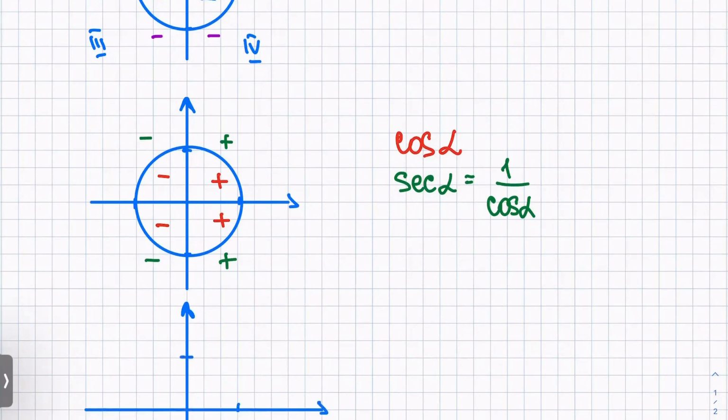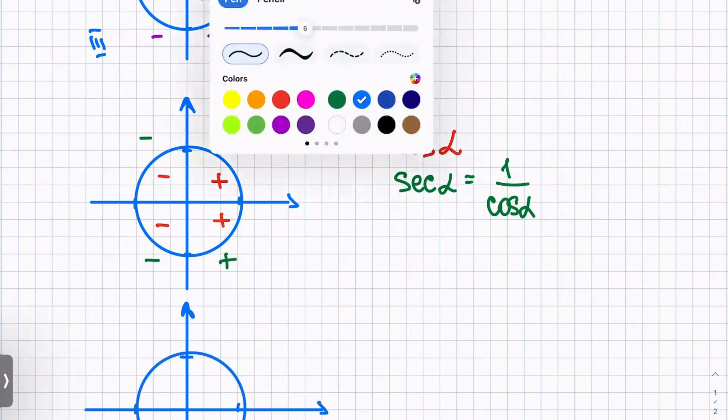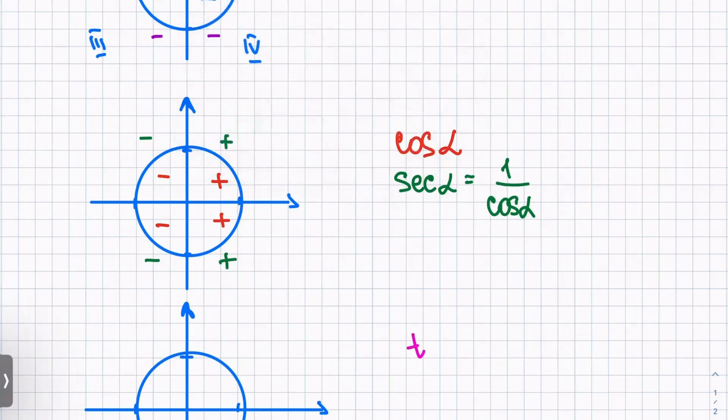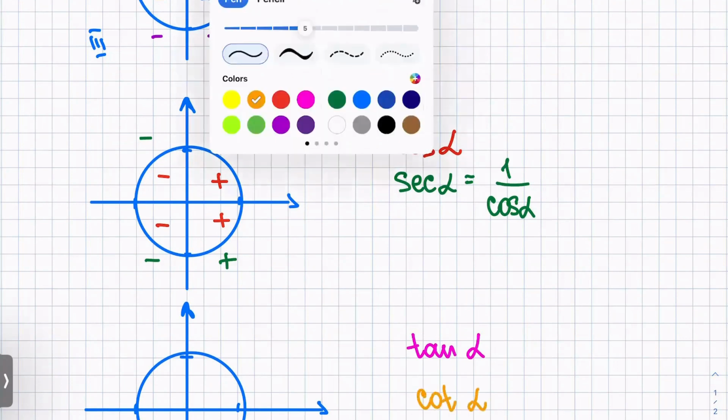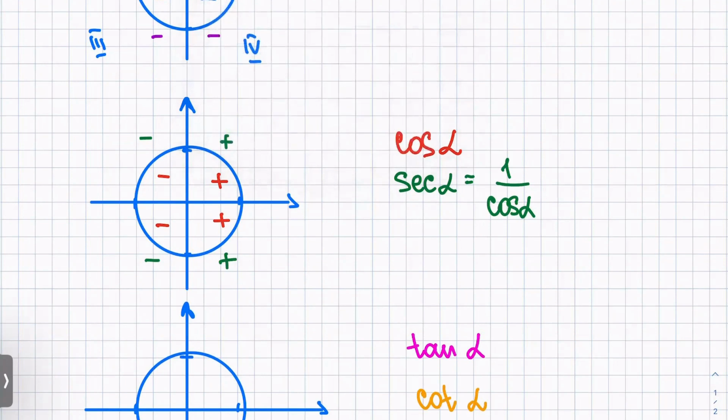So we will just draw this unit circle right here. Okay, good. So what I want to work on now is the tangent and also cotangent. So what do we know?